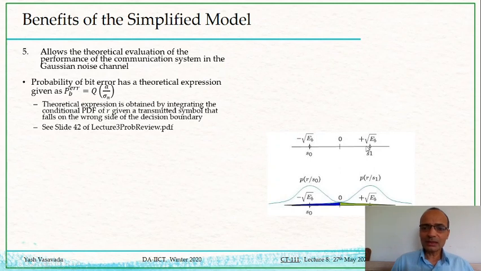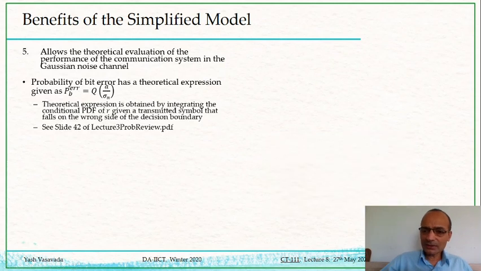So each of the x's is getting mapped to one symbol, and so bit energy and symbol energy are the same. Therefore, the constellation point S1 is located at positive square root of EB, energy per bit, and the constellation point for bit 0, S0, is located at negative square root of EB.